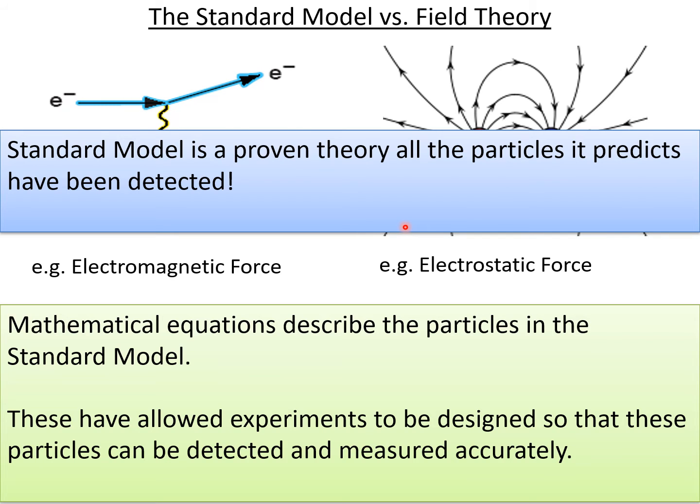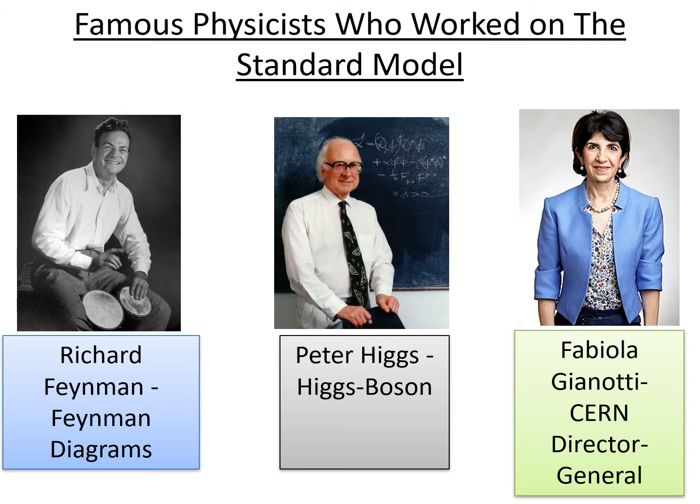The most recent one, of course, is the Higgs boson, and this is why there was so much buzz about it a couple of years ago. Peter Higgs actually won a Nobel Prize, along with a few other people who predicted the existence of the Higgs boson. Now, even though it's a very well proven and very successful model, there are still some issues with it, which we'll look at in the next slide.